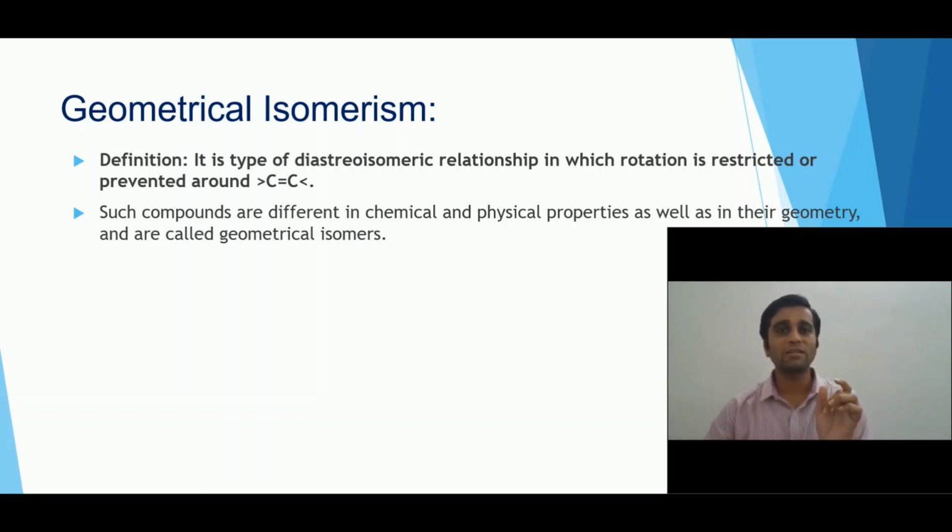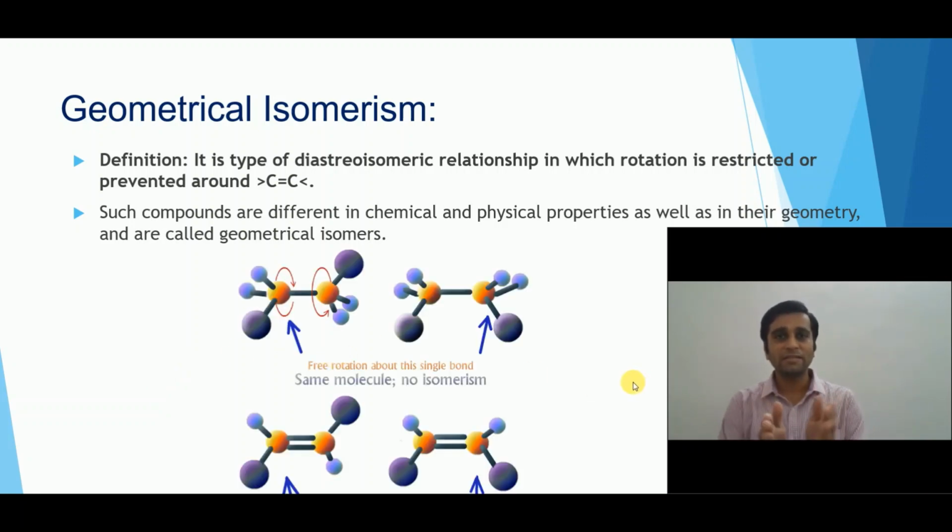When you talk about C single bond C, there is continuous rotation of the substituents around the bond. That is called flexible isomerism, conformational isomerism, which we will discuss in alkanes, ethane, butane and so on.